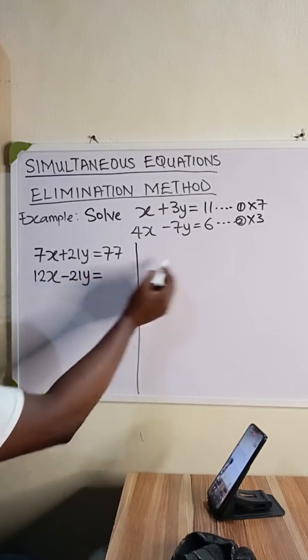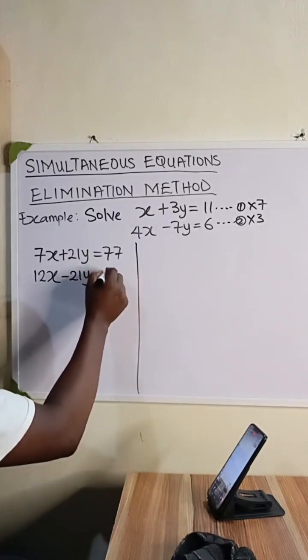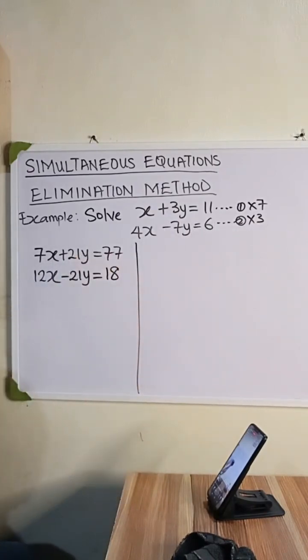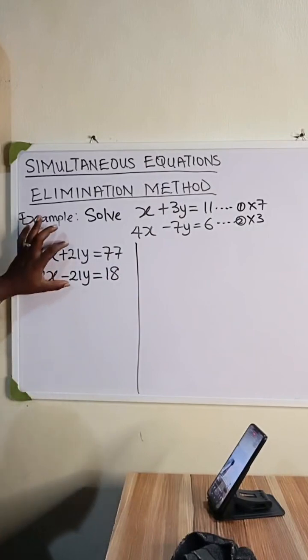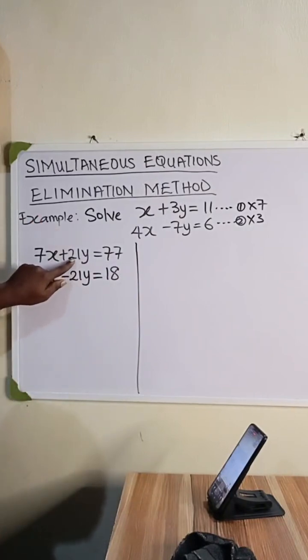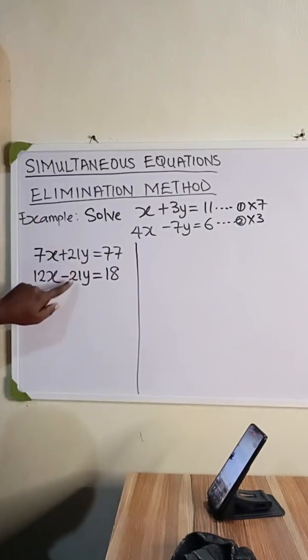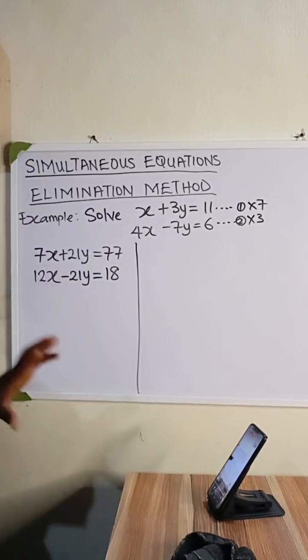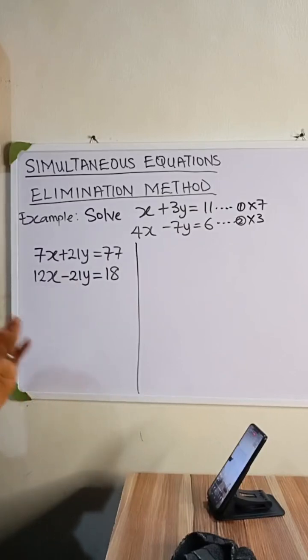Is equal to 3 times 6 is going to give us 18. So you can see that we have achieved our target. The coefficient of y is 21 and minus 21. So as long as we have 21 there, we have achieved our target.